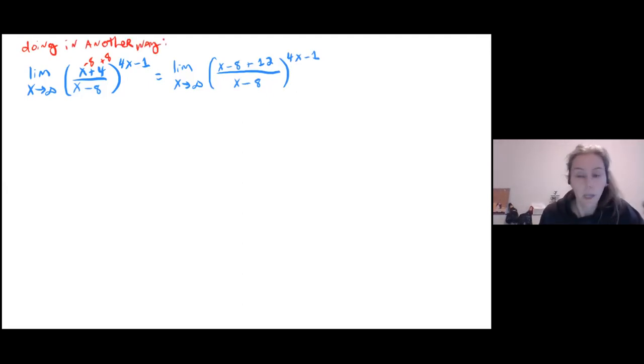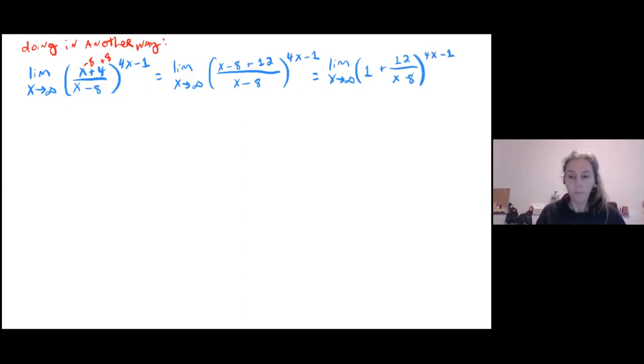Now, the reason that we applied the special division technique, same as what we would do before, is we're actually dividing this. So I'm dividing x plus 4 by x minus 8, and I'm going to end up with the limit as x approaches infinity of (1 plus 12 over x minus 8) to the 4x minus 1.